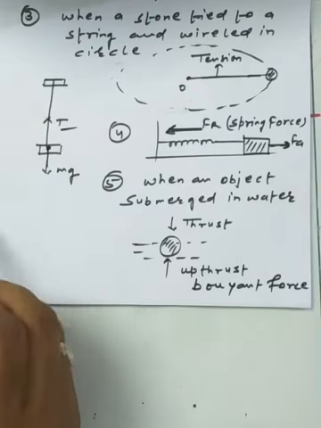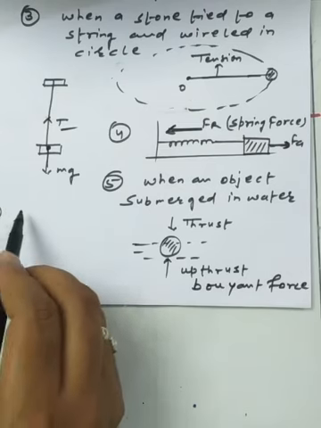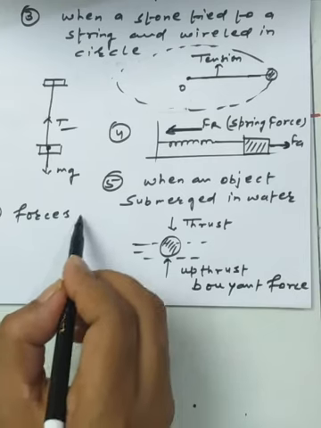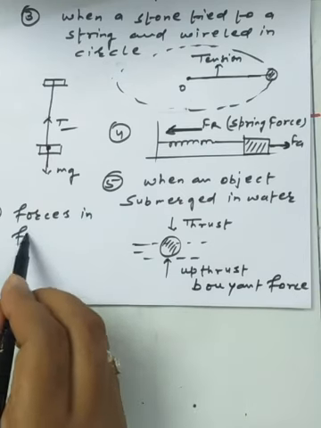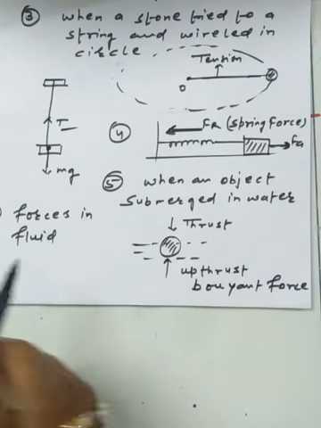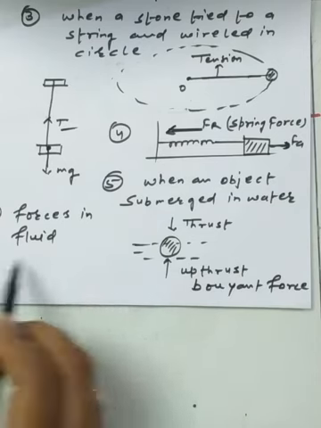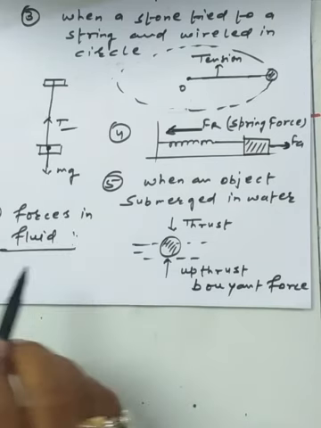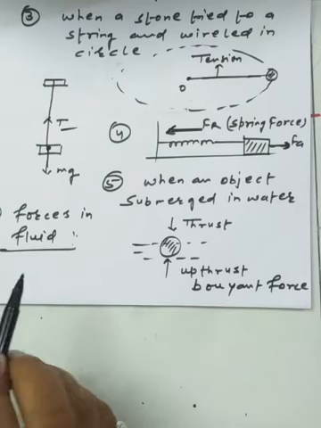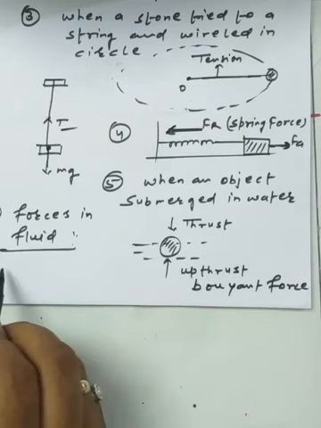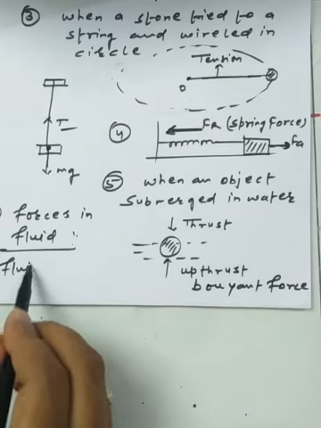Okay, now if we are talking about forces in fluid, as the object is moving inside the fluid, the force of friction comes into play, which opposes the relative motion between the layers of the liquid. So that is called fluid friction.